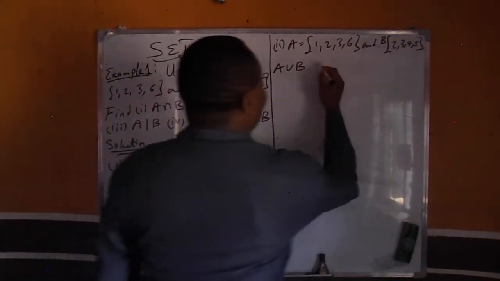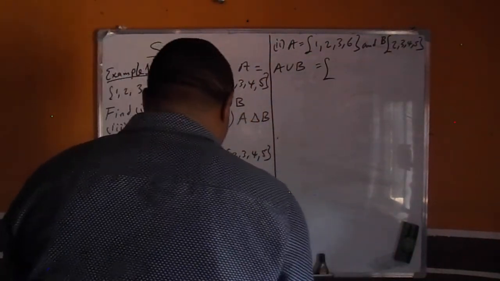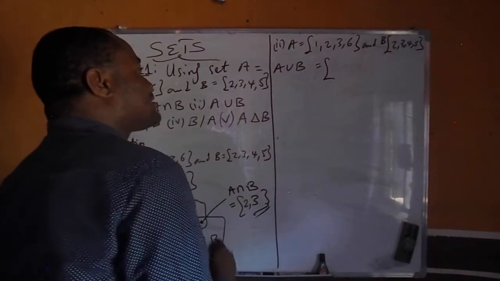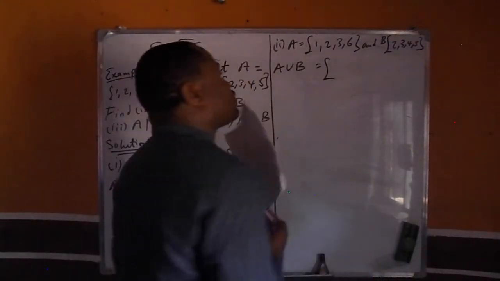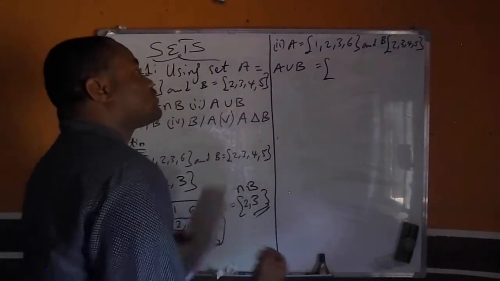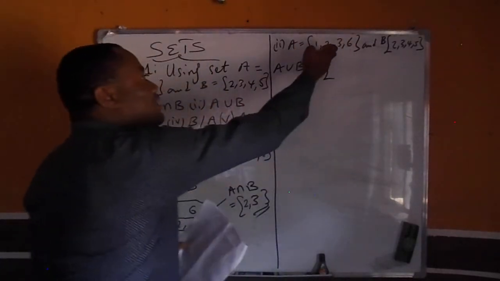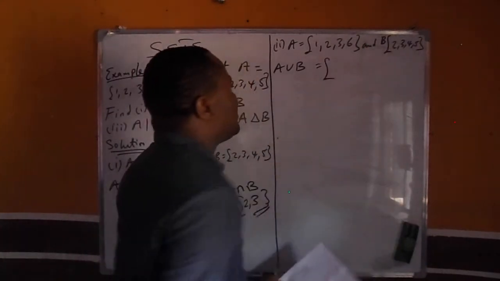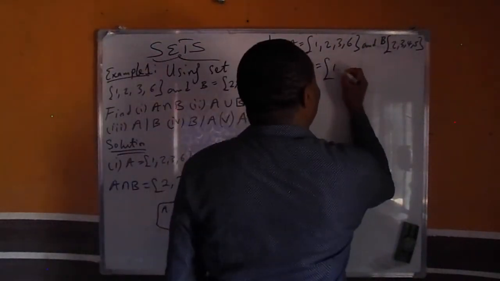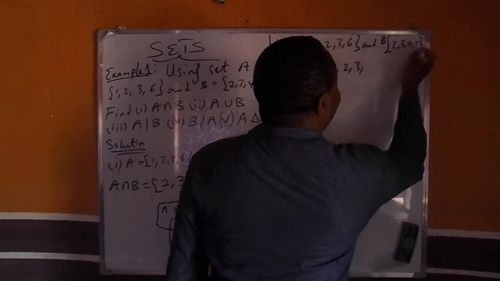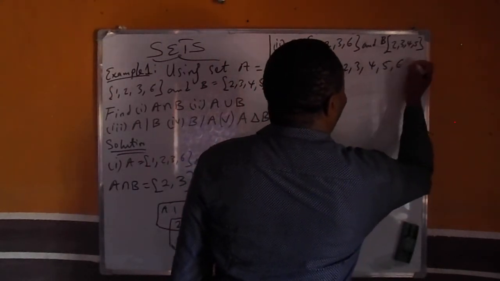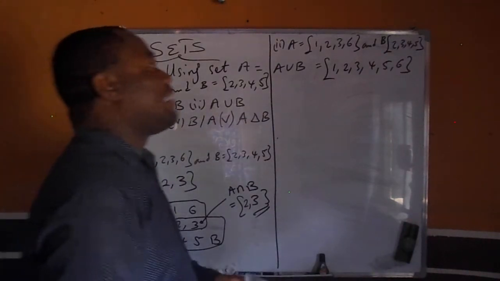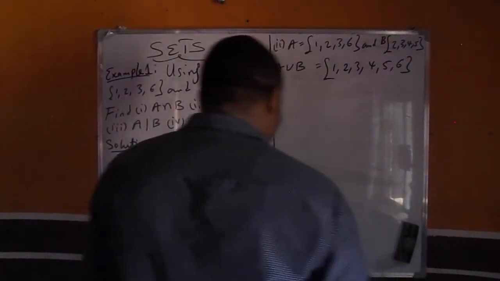When we talk of A union B, what we're referring to here is the elements in both A and B. When I'm referring to the elements, I'm talking about the figures inside the set. So, what are the elements in A and B? We have in A 1, 2, 3, 6, in B we have 4, 5. This is our answer. All the elements in A and B, so we have 1, 2, 3, 4, 5, and 6.